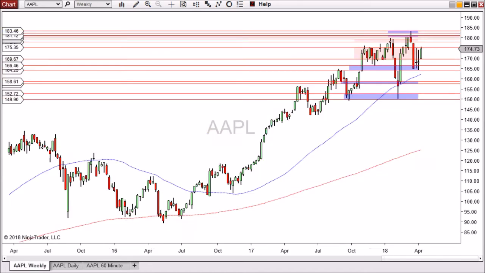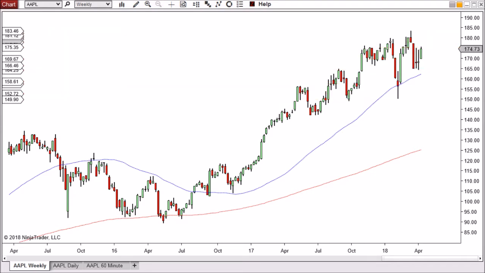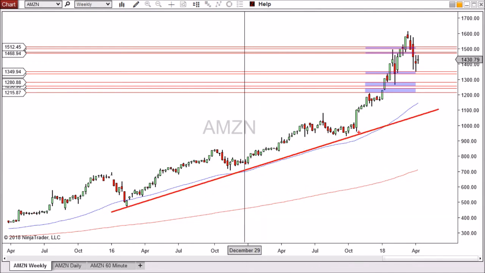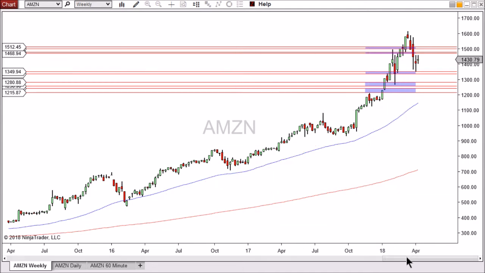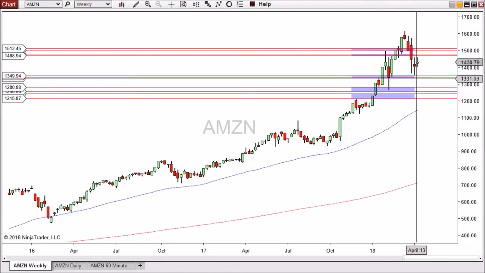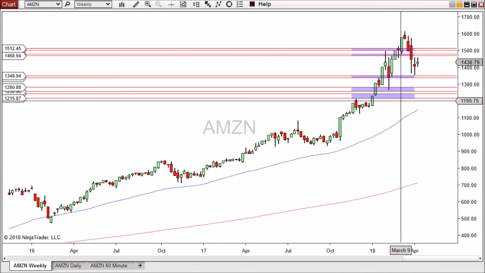Okay, and look at Amazon. Amazon is very interesting. You could say that it is parabolic or something, but if you are basically looking at trend lines, that kind of stuff, long term wise, it is still in an uptrend. This moving average is also indicating that the trend is still up, but the price movement seems to be a little bit scary here.